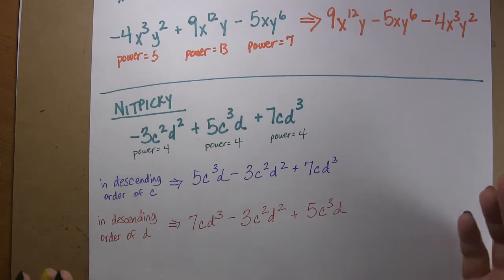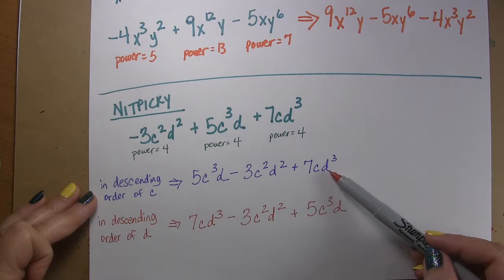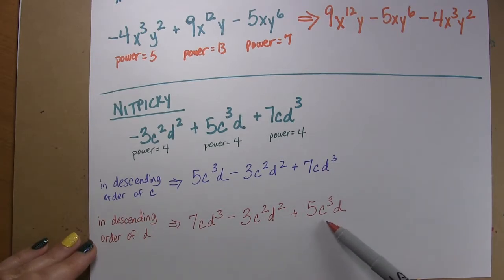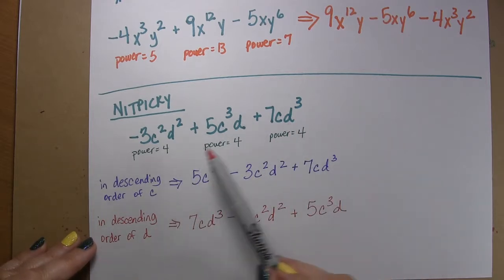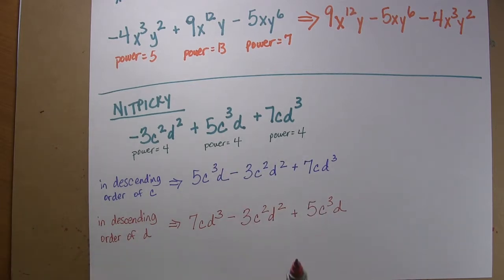Both of these are technically correct. You would say that this one is in descending order of c, and you would say that this one is in descending order of d. So that's how we do it when we have multiple terms that are the same total power.